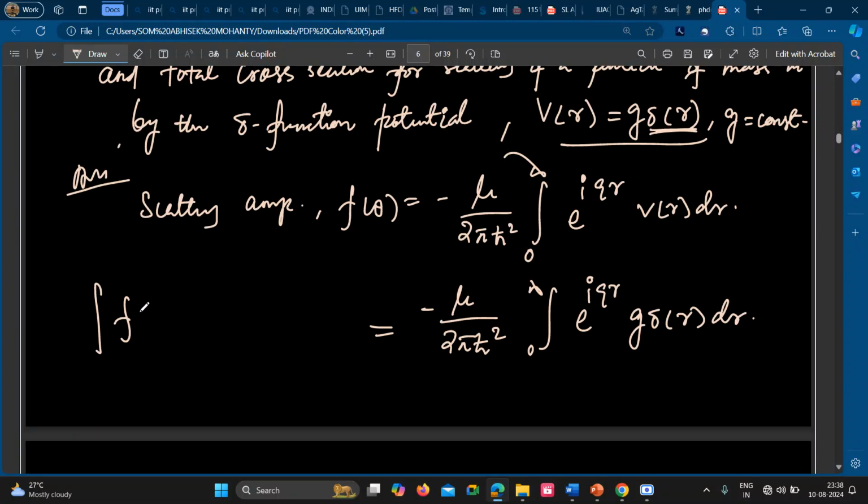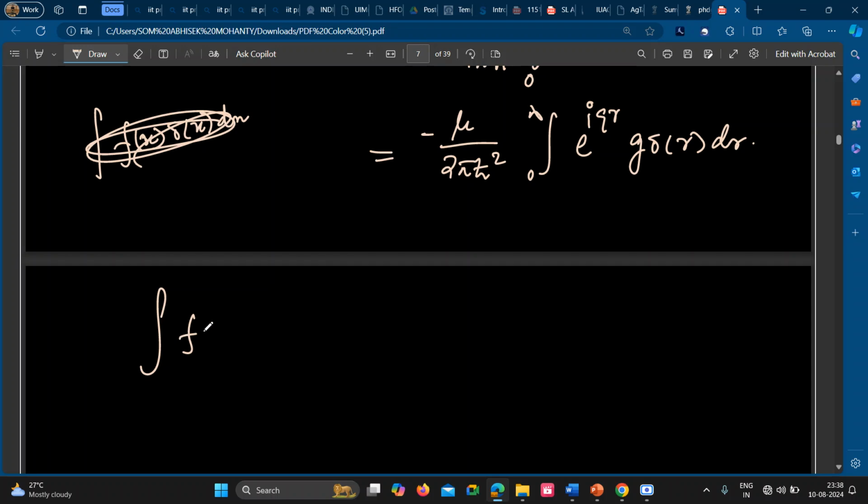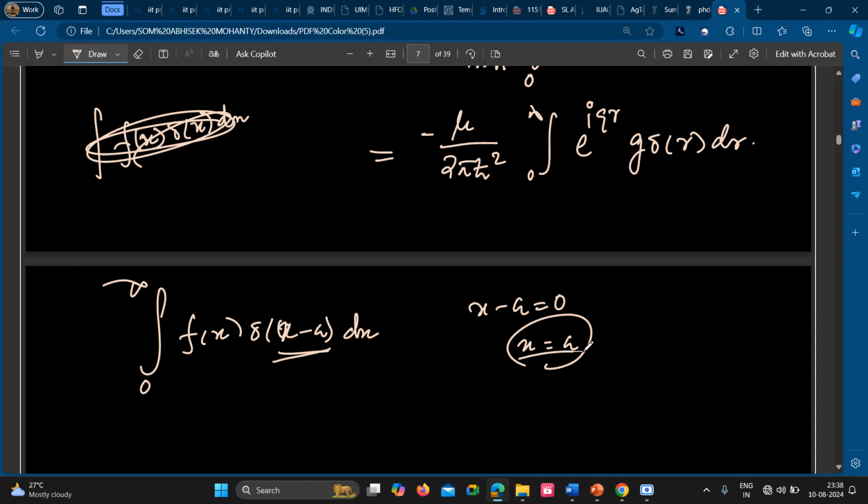Suppose we have ∫ f(x) δ(x − a) dx from 0 to infinity. We first equate x − a = 0, so x = a. If a is in between the limits 0 to infinity, then I just put the value of a in f(x), so the answer will be f(a).